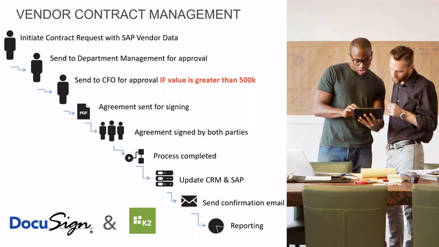So once we actually submit that new request, we're using K2 workflows to route that new vendor contract to certain instances that are going to be involved dynamically. There's going to be a departmental management review, and then depending on the overall value of that new contract, in this case, if it is greater than 500,000 euro, we're dynamically involving the CFO.